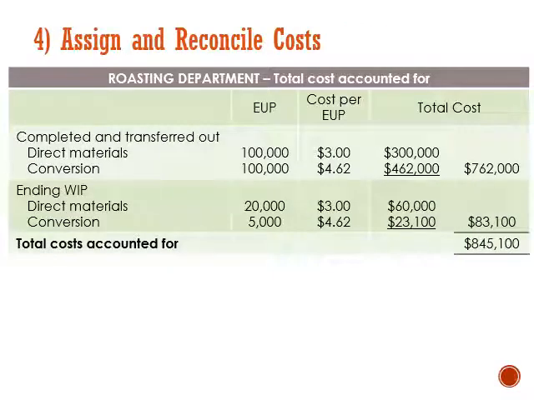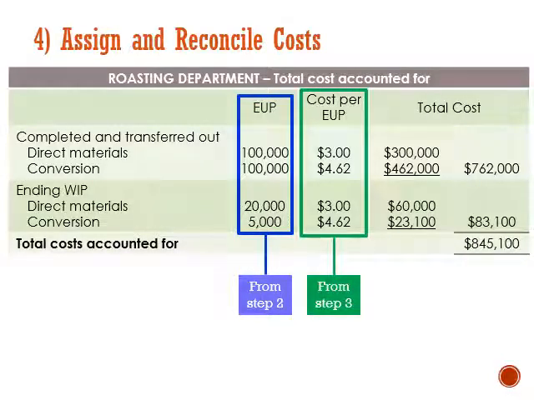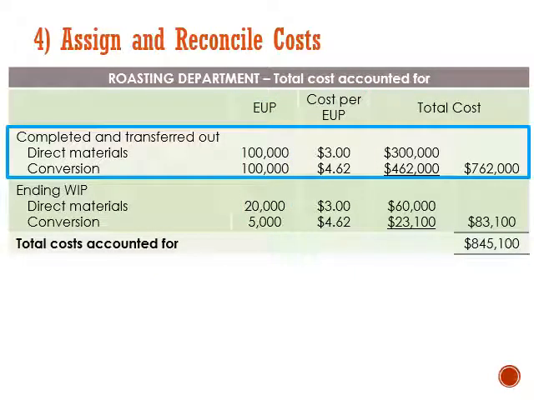In step 4, we use the EUP from step 2 and the cost per EUP from step 3 to assign costs to the 100,000 units completed and transferred out and to the 20,000 units in ending work in process. The 100,000 units completed and transferred out used 100,000 EUP of direct materials and 100,000 EUP of conversion.